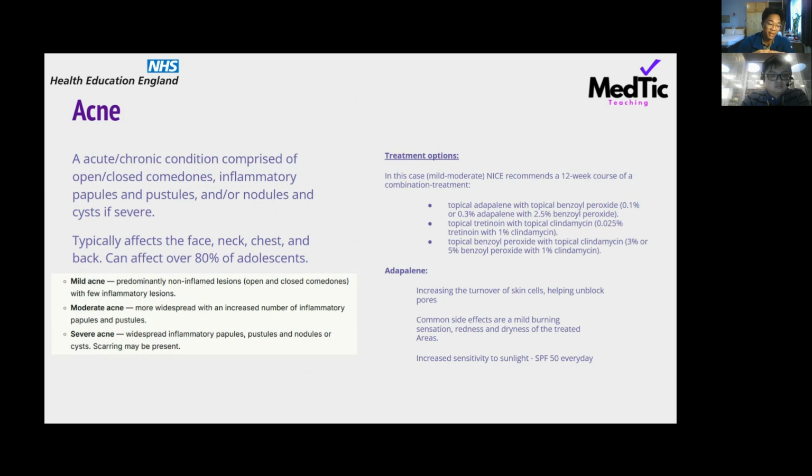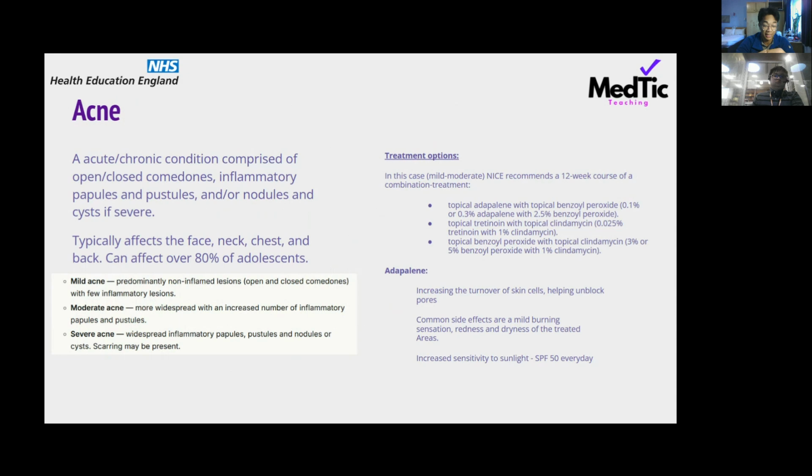So the way it works, or the way I explain it to the patients, is that adapalene increases the turnover of your skin cells, which helps push the different layers of your skin up faster, which helps unblock the pores. However, because it works to increase the turnover of your skin, you can get some mildness, some redness and dryness, as well as a mild burning sensation.